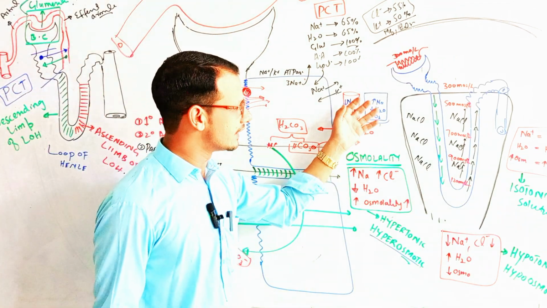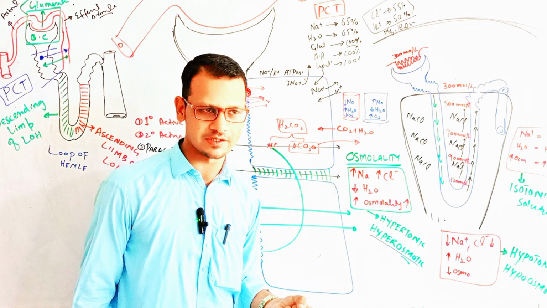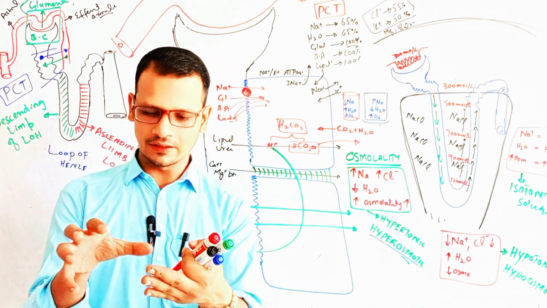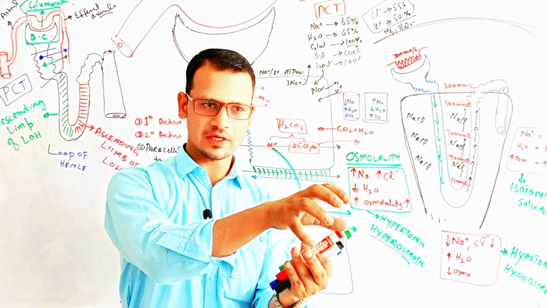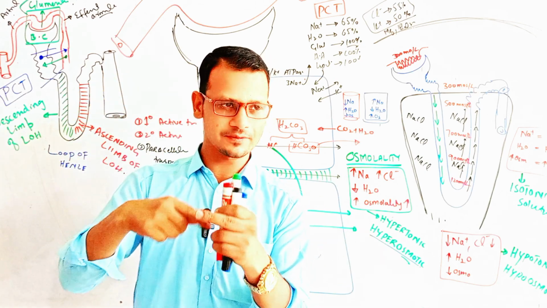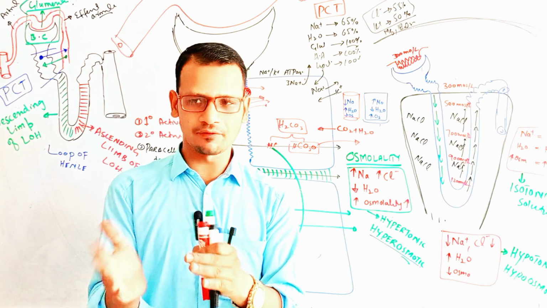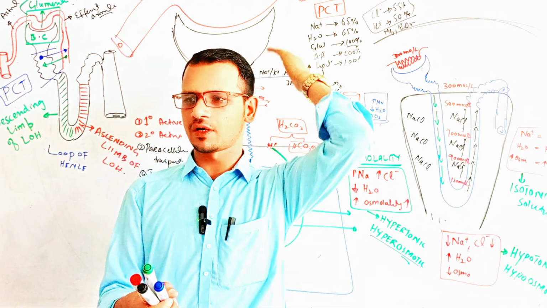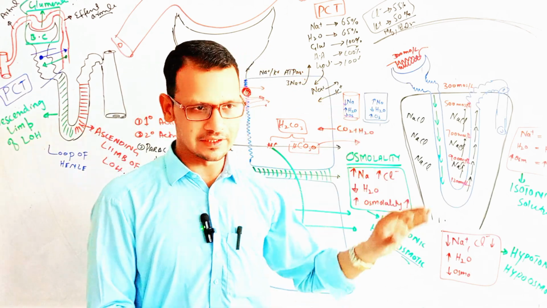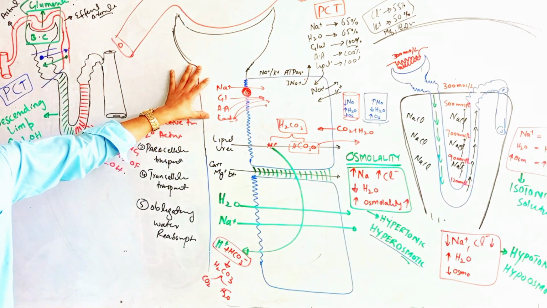This is the mechanism. The next mechanism is of insulin, the small proteins, by endocytosis. By endocytosis, the insulin is reabsorbed into the cells, and in the cells it is broken down by lysosomes, and after breaking down, it is reabsorbed into the blood. This was the mechanism of proximal convoluted tubules.